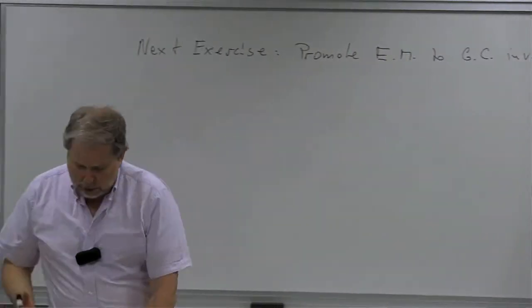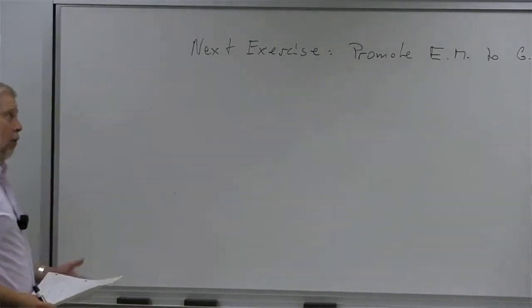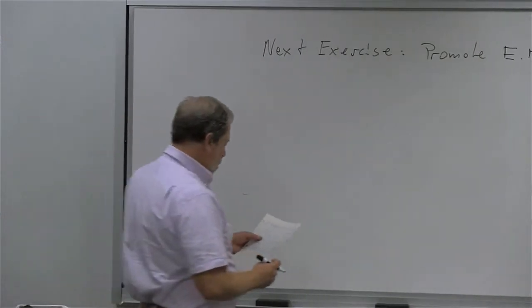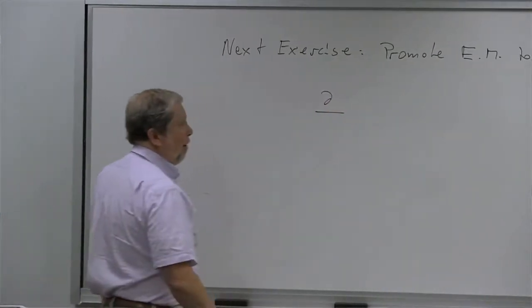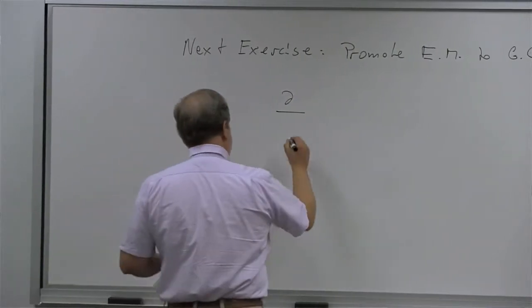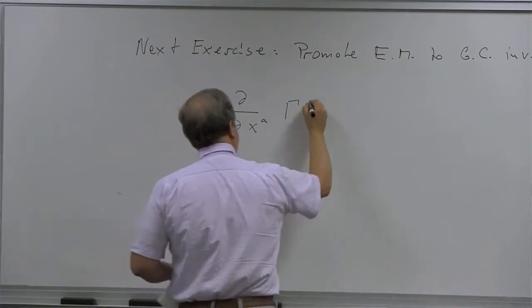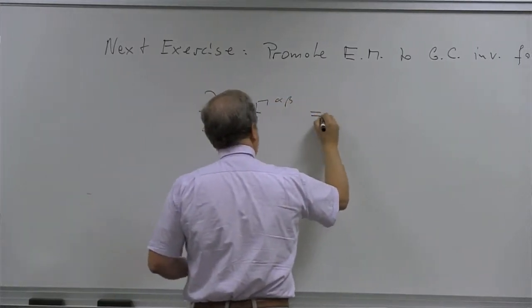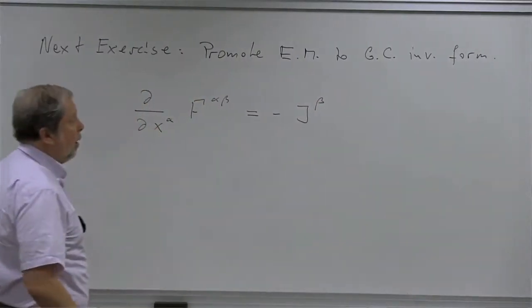So that means, again, we go back and look at the equations for electromagnetism in special relativity. Well, those are just Maxwell's equations, rewritten in a way that involves this f alpha beta. So the derivative with respect to x alpha of f alpha beta is equal to minus j beta. That is how we wrote it last time.